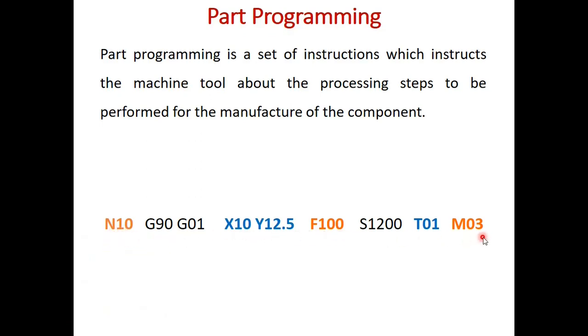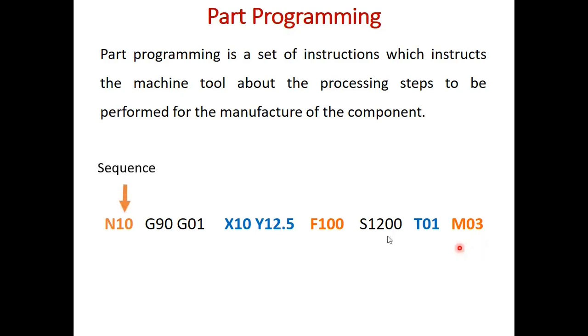This is a part program line. It says N10, then G90, G01, X10, Y12.5, F100, S1200, T01, M03. So we will see each one by one.